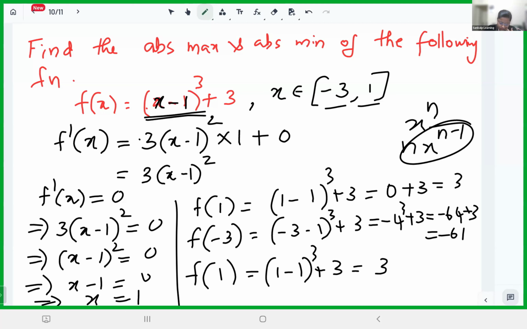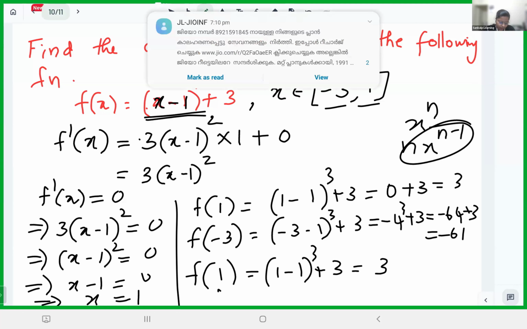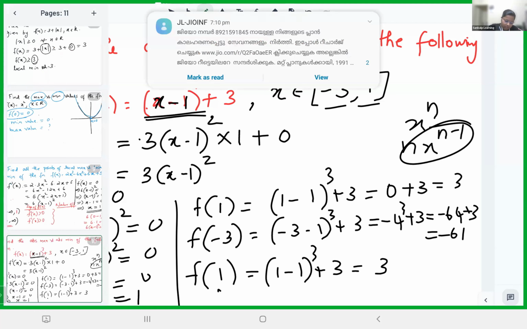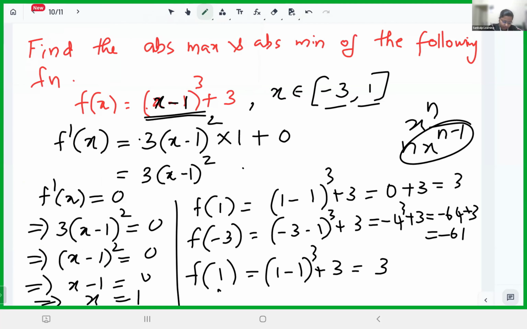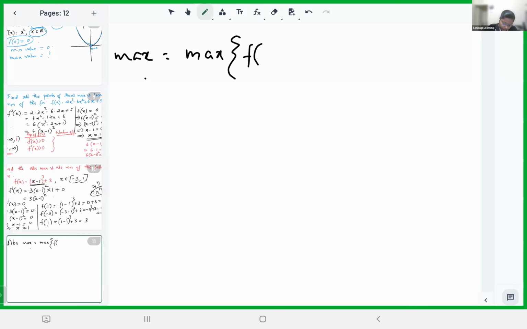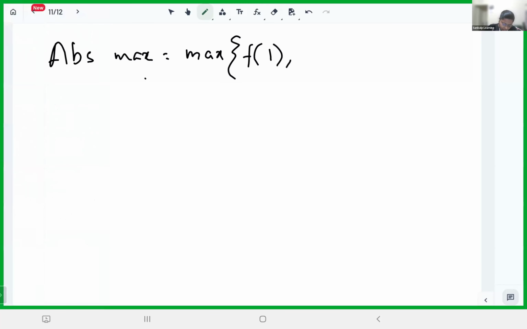All right. So what is the absolute maxima? Absolute maximum is equal to the maximum of f of 1, which was our critical point, and the endpoints, f of minus 3.